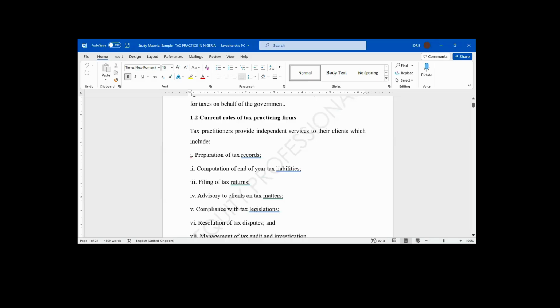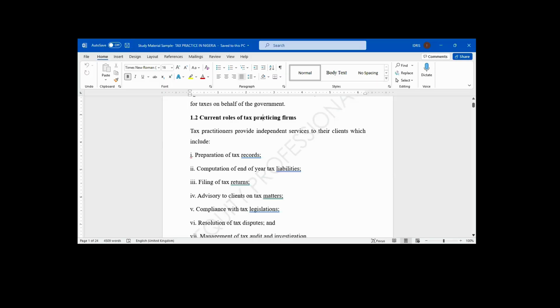Number one, preparation of tax records for clients. Tax practice firms help to prepare tax records for their clients.